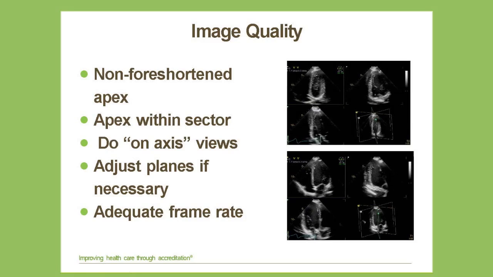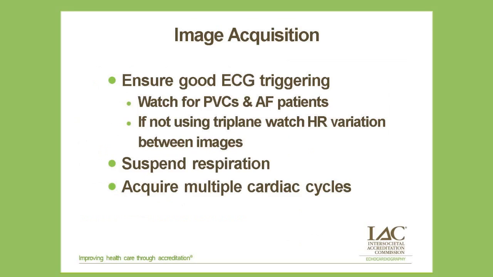Also remember, too, that we have to acquire at an adequate frame rate. 40 is usually our cutoff with frame rate, but we like to get it up a little higher if at all possible, just to ensure good results there.